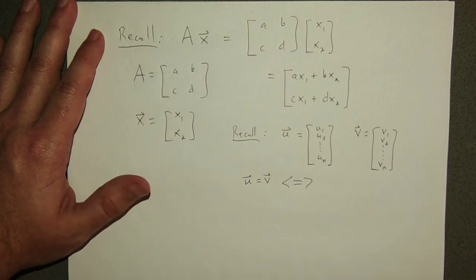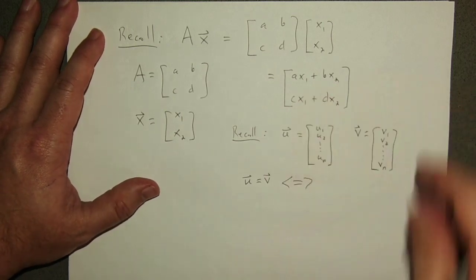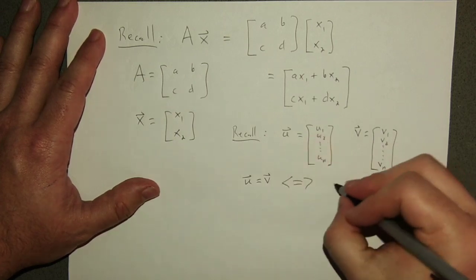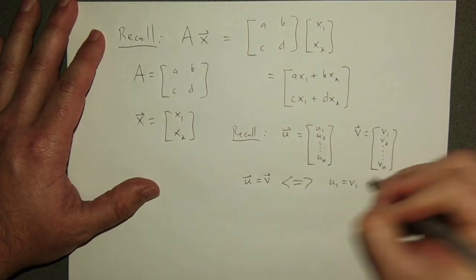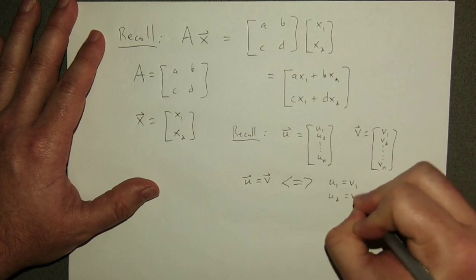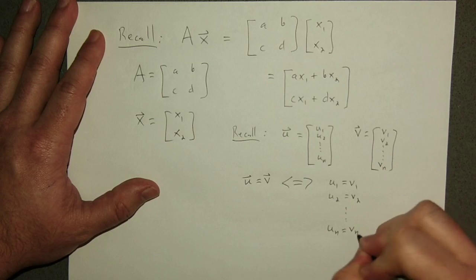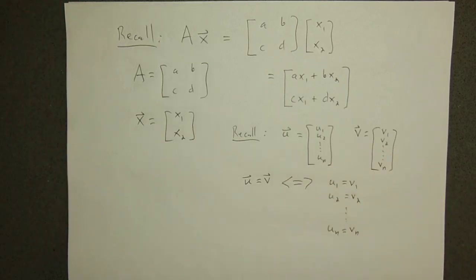You might remember this from Calc 3. Two vectors are equal if and only if all of their components are equal, component-wise. So U sub 1 is equal to V sub 1, U sub 2 is equal to V sub 2, and so on, all the way down to U sub n is equal to V sub n. That's how you can say that two vectors are equal.